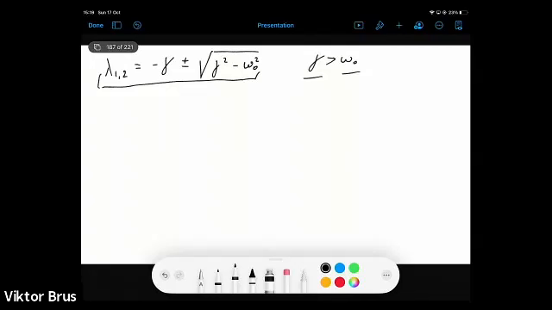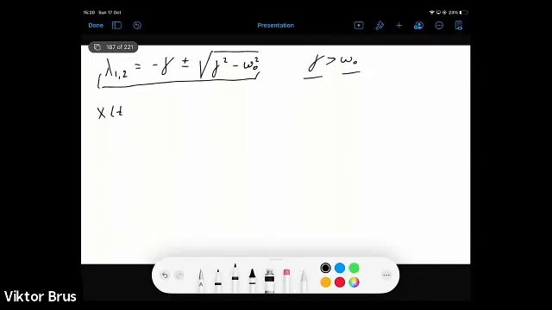Now, how can we express this? It will be in the following form, according to the rules for solving these second order linear differential equations.